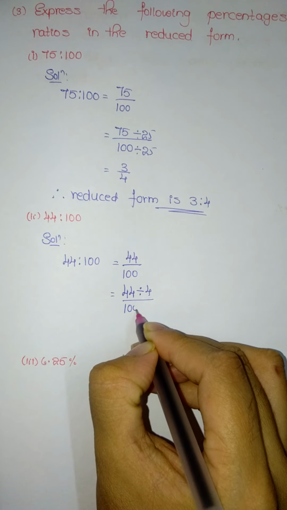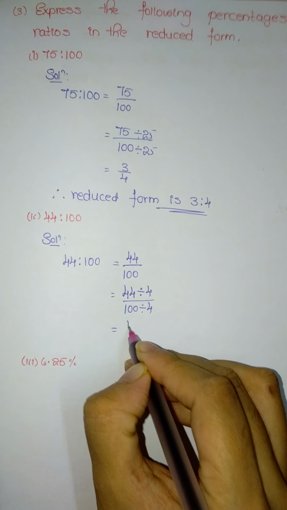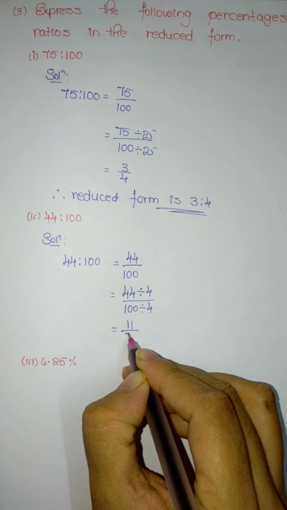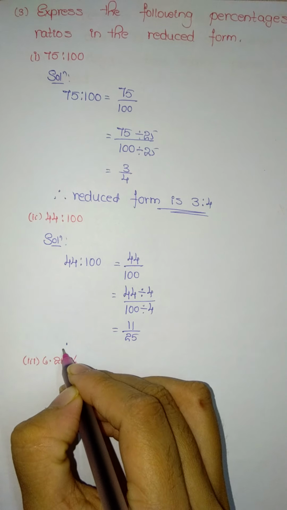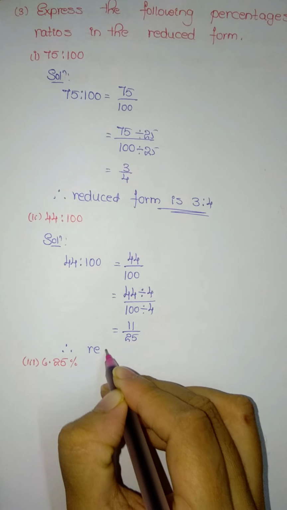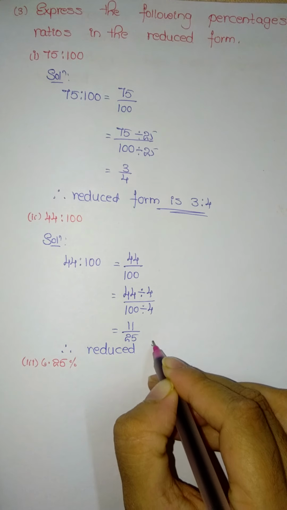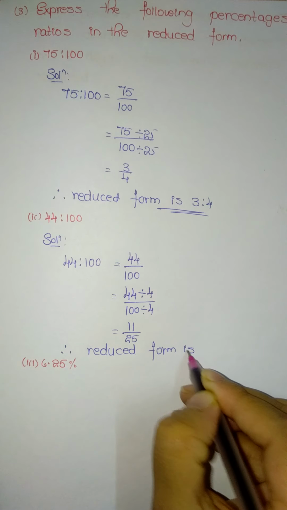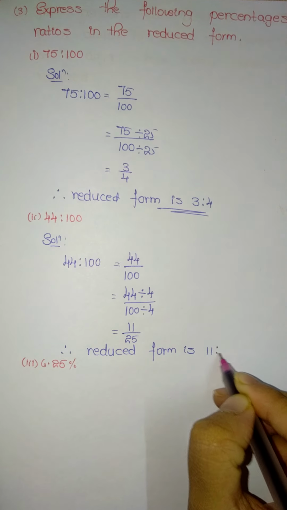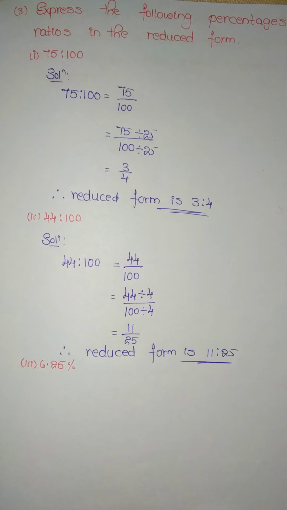So here it becomes 11 by 25. So therefore reduced form is 11 raised to 25. So it completes our question number 2.